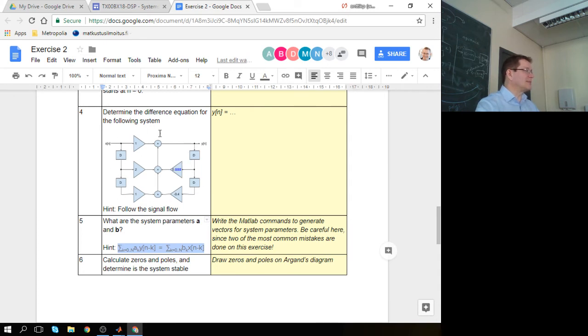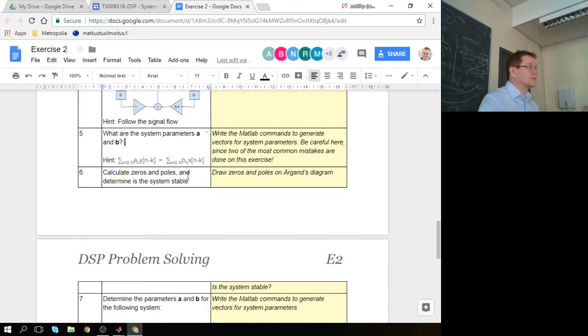If you're switching those, this will come out critically stable. If you miss the sign, then this will be unstable. So be careful with it, so you get those right.